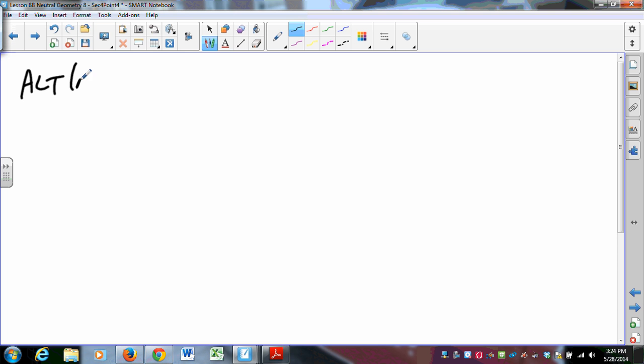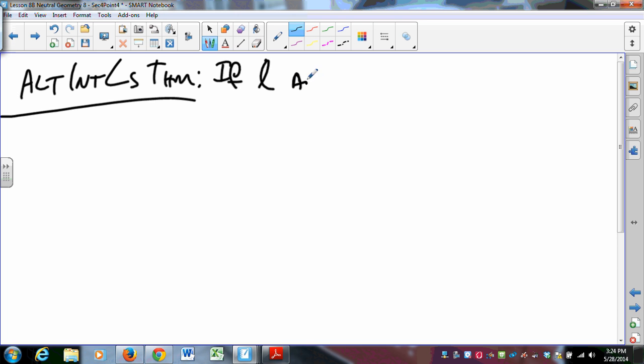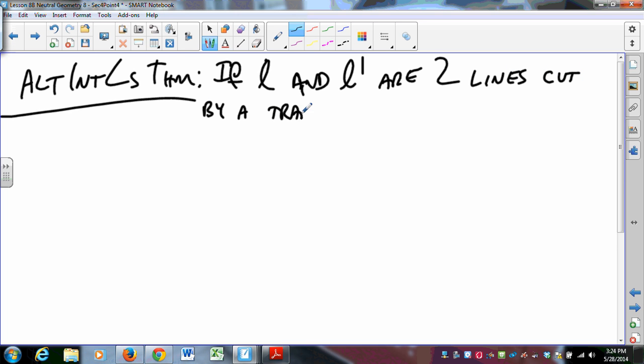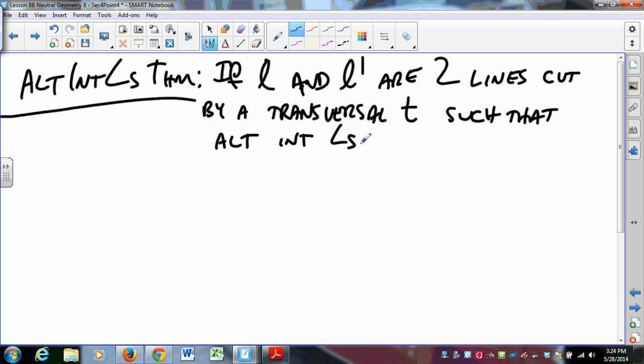This is the alternate interior angles theorem, and it says if L and L prime are two lines cut by a transversal T such that alternate interior angles are congruent, then L is parallel to L prime.